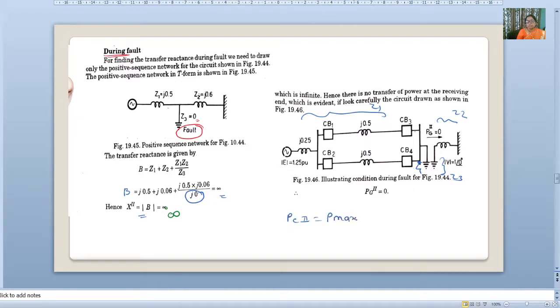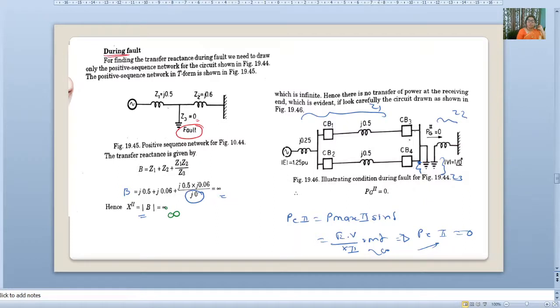P2 is P max 2 into sine of delta, and P max 2 is E into E by X2, into sine of delta. If X2 is infinite, then P2 will be 0.